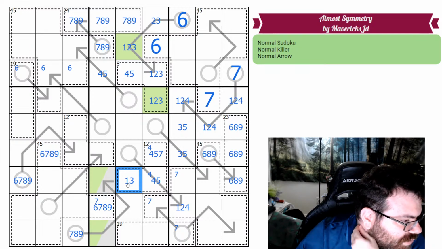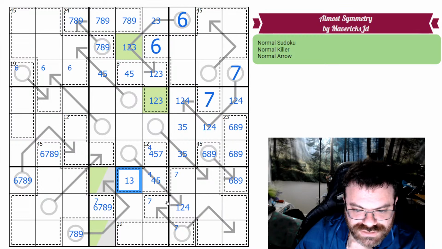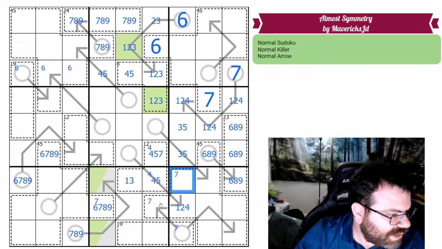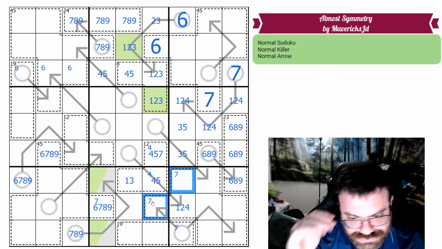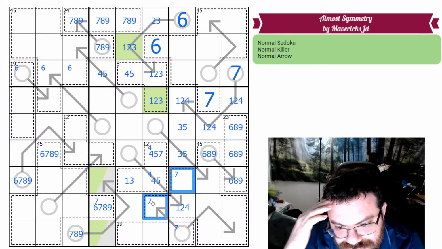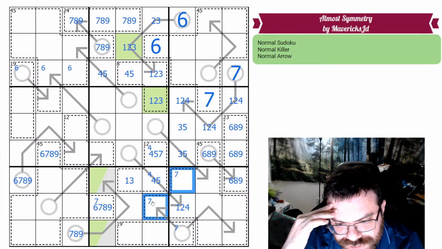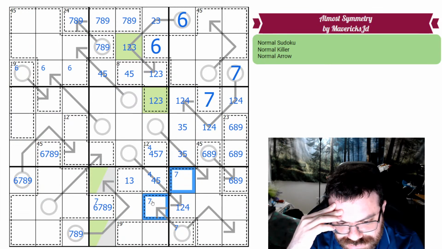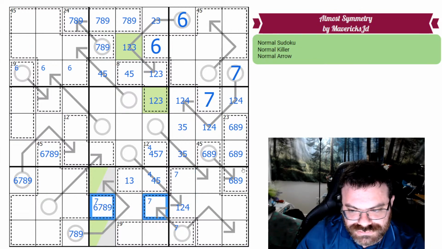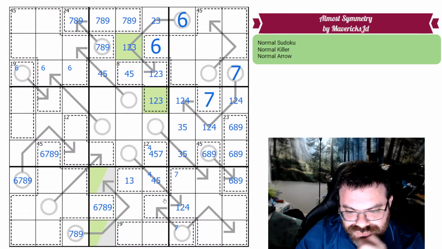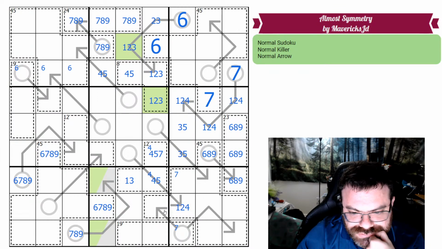A 1 can't have row 7, column 7, and row 8, column 6 as a 7? Why not? Oh, right, that's true. Was I thinking about that wrong then? Maybe I was thinking about that wrong.